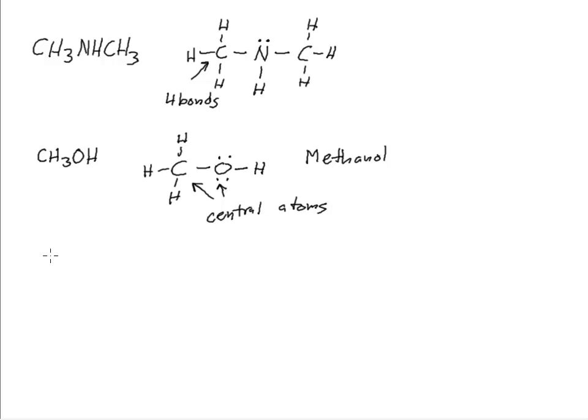How about a compound listed like this, C4H10? This is just a hydrocarbon. There are no other atoms besides carbon and hydrogen, so carbon will always get to be the central atom. And in this case, we'll just assume that it is in a straight line.